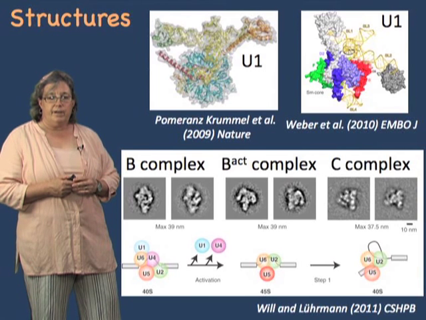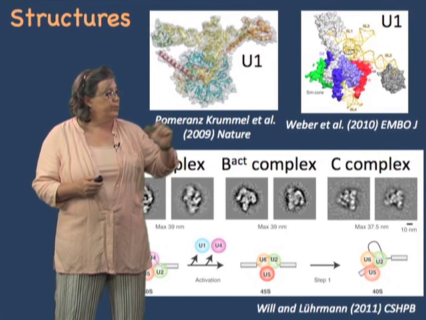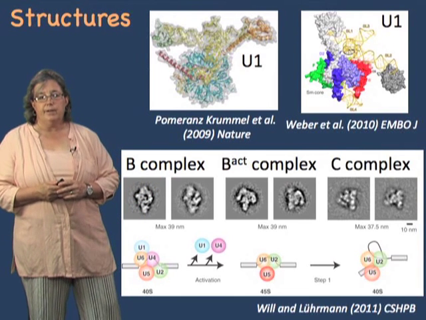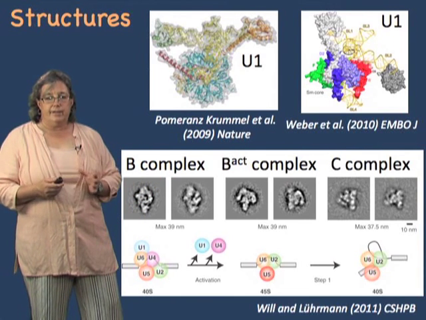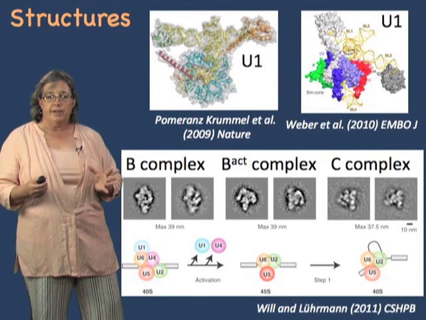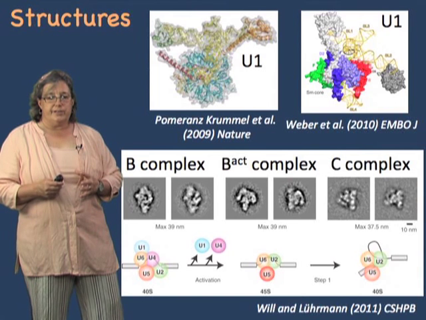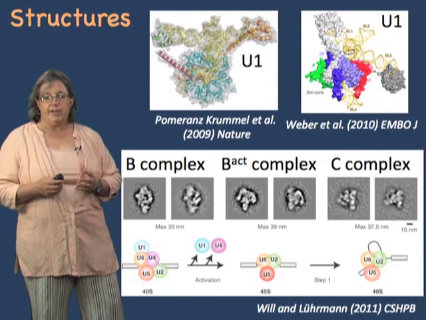We do have two different crystal structures of U1 snRNP, which is the most common of the snRNPs, and those are at 5.5 and 4.4 angstrom resolution, so enough to see the RNA and the proteins. But for the bigger complexes, we are still at the electron microscopy stage.